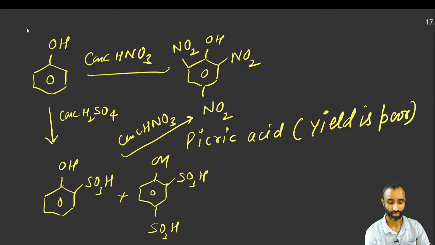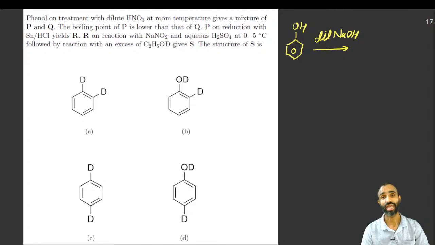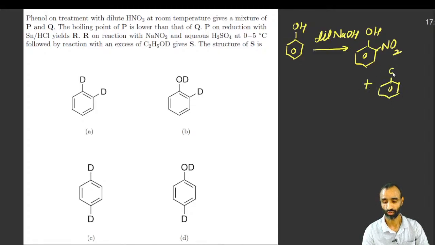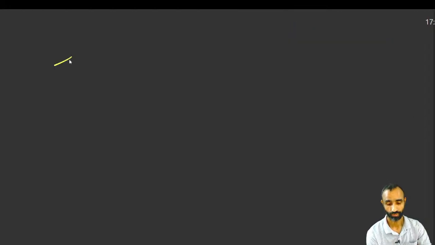So keep in mind, this is important. But if we treat it with dilute nitric acid, then we get orthonitrophenol and paranitrophenol. So out of orthonitrophenol and paranitrophenol, which one has higher boiling point?